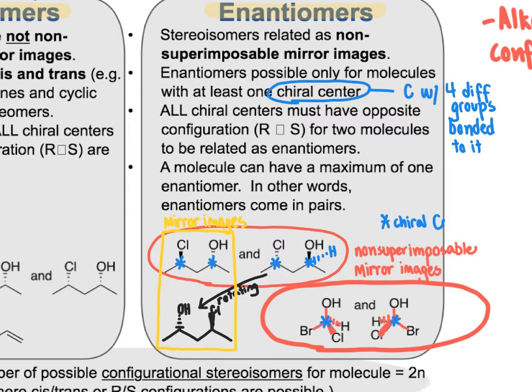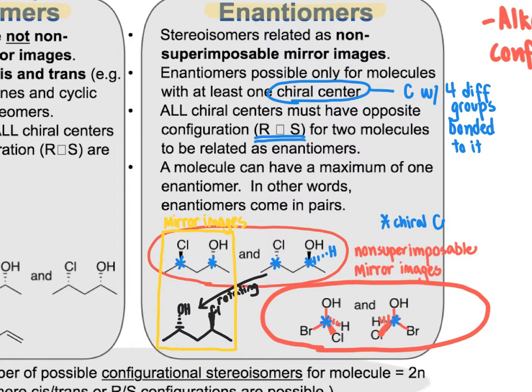So all chiral centers will have opposite so-called configurations for the 2 molecules to be related as enantiomers. When we talk about configuration, we're going to be using the terminology of R and S to allow us to specify exactly what chirality, what the 3-dimensional orientation is of the chiral centers in the molecule.